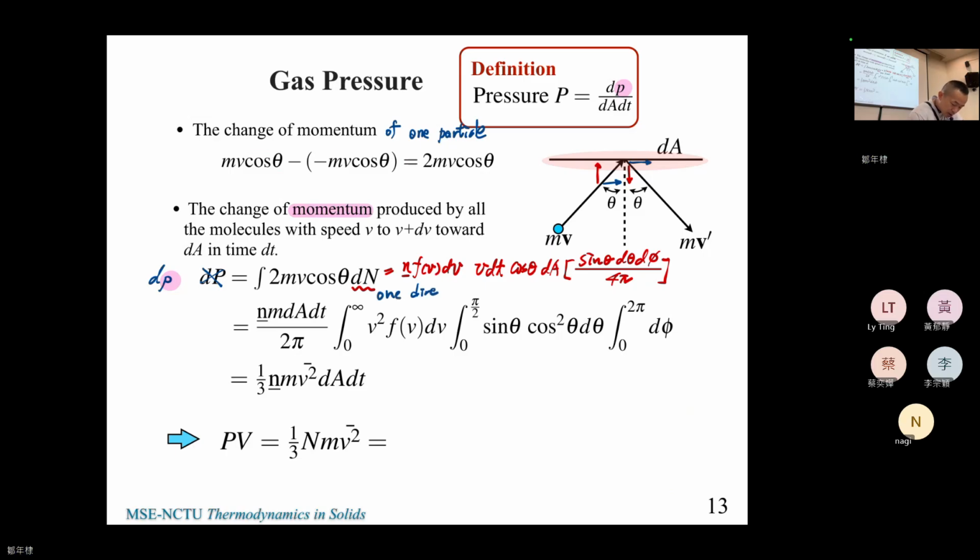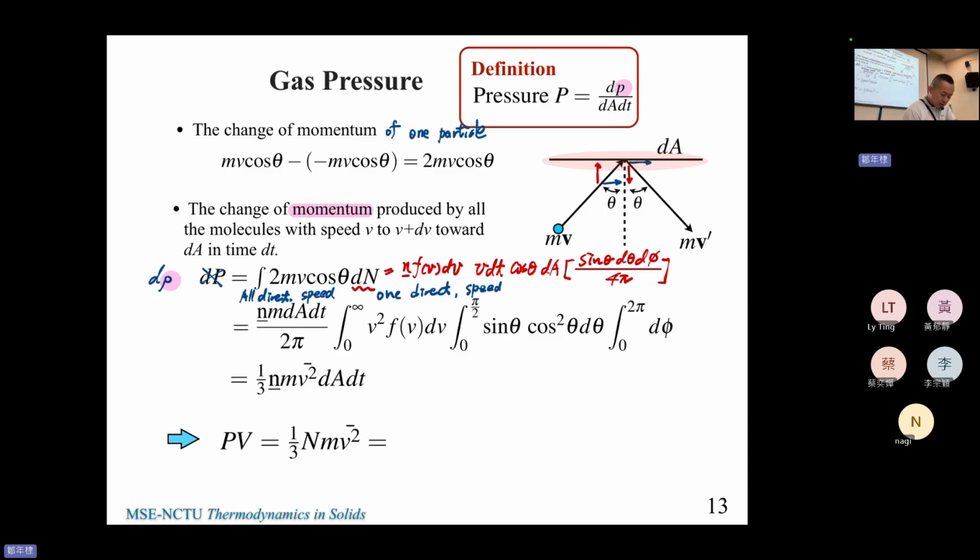And you need to do integration over all directions, and also all speeds. So this is one direction, one speed. We need to do integration just like previous.